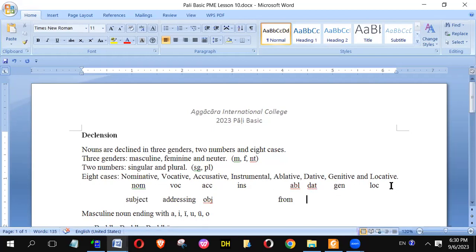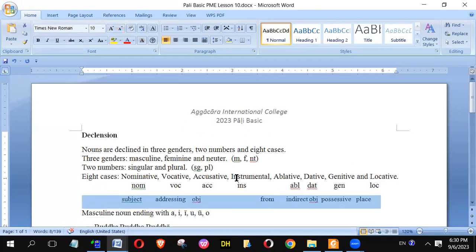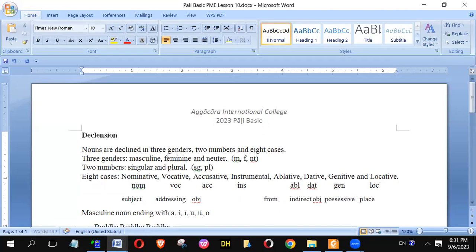Sometimes we can use it as the indirect object. Genitive is possessive. Locative means a place. So we will use them accordingly. We will see the usage of these later.